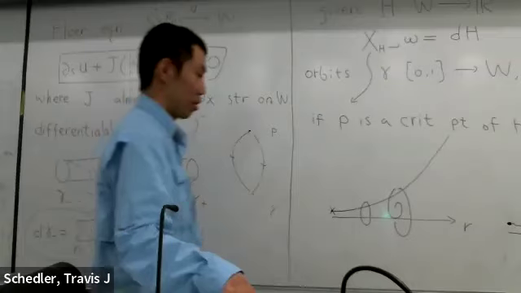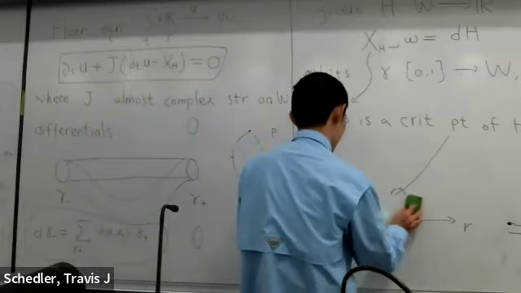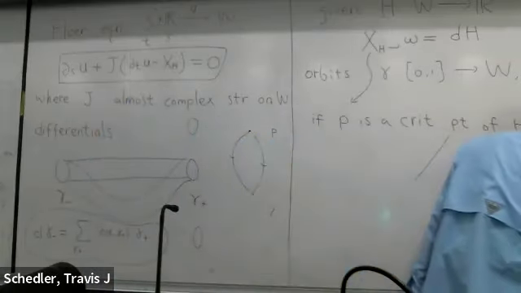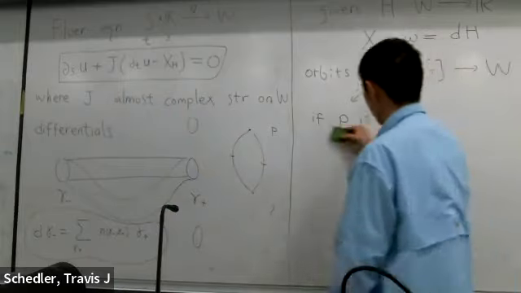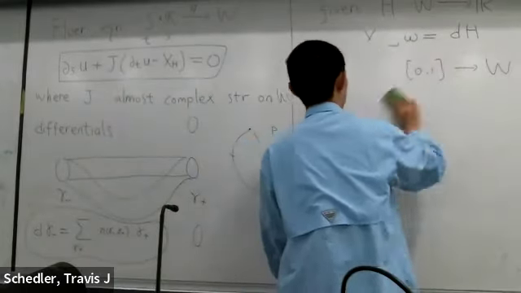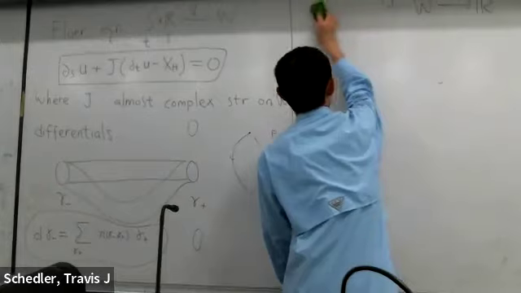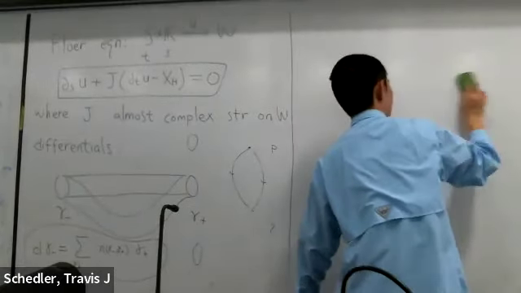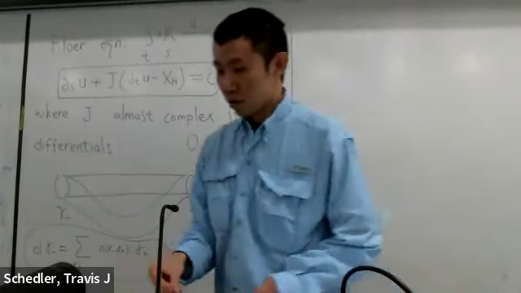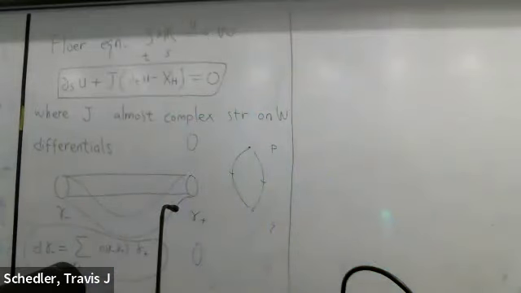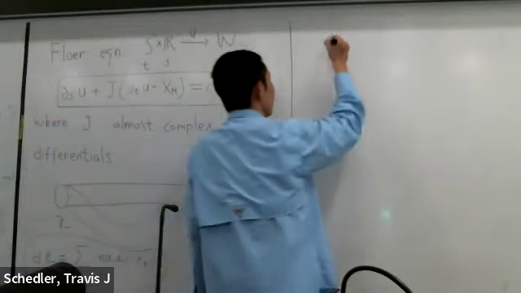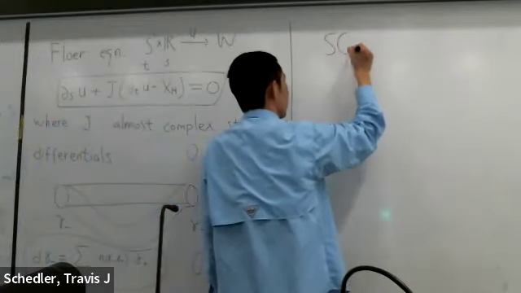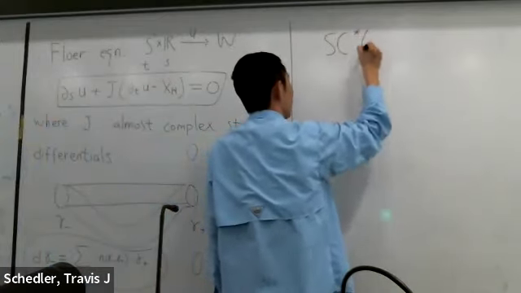Right. So now we can formally give the definition of symplectic cohomology. I write this chain complex, maybe C up or down.